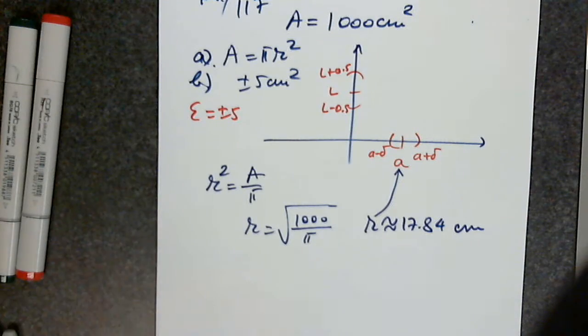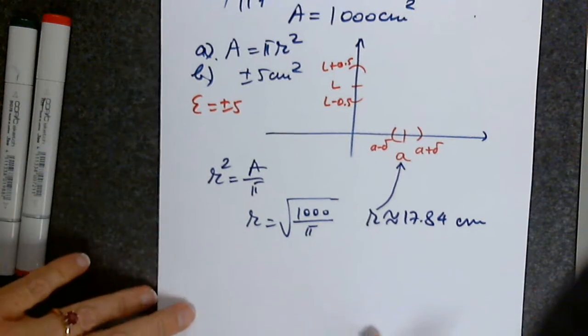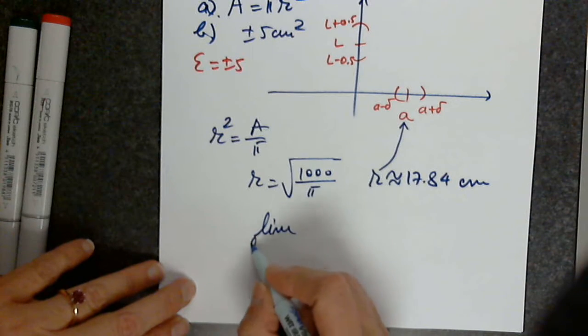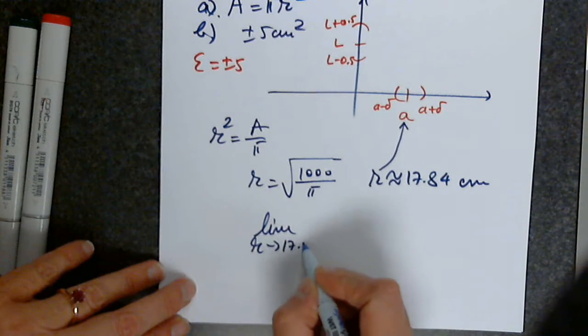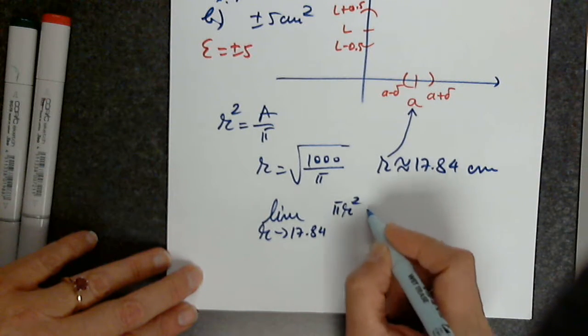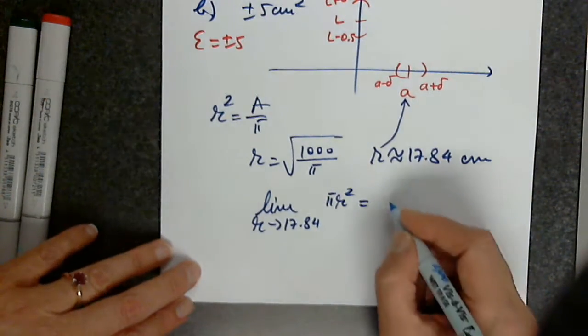So we're asked to determine. In other words, we are told this: the limit as r approaches 17.84 of pi r squared is 1,000.